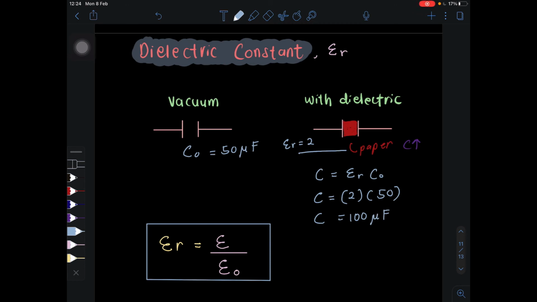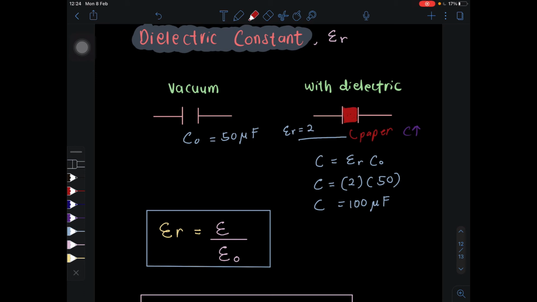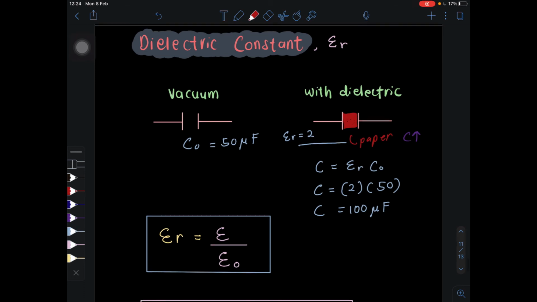Okay, now we have another thing. The dielectric constant, which is epsilon R here, doesn't have a unit, but its formula is equal to epsilon divided by epsilon naught.